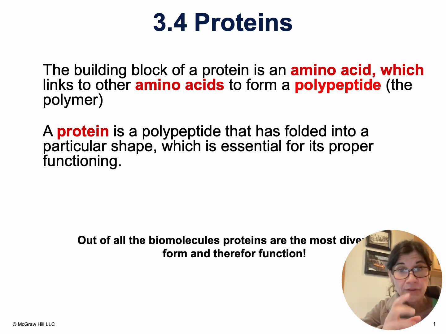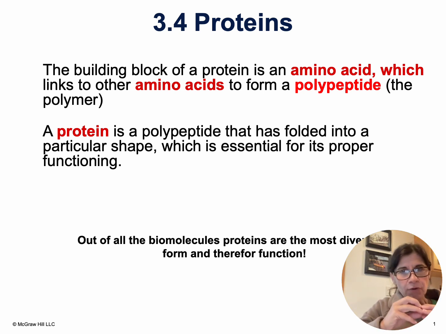The actual name for the covalent bond between amino acids is a peptide bond, but it's just a type of covalent bond. When you have a lot of amino acids bonded together, it forms a polypeptide, because those are peptide bonds. So the polypeptide is the polymer made up of repeating monomers, the amino acid.